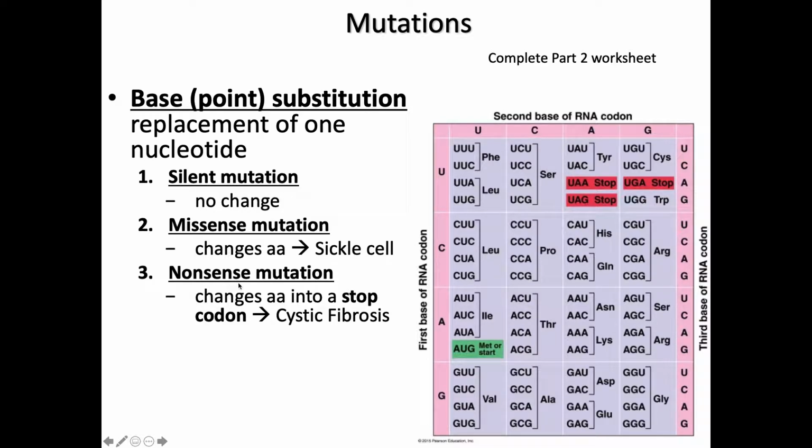So the other type of mutation that you can have is called nonsense mutation. So this nonsense mutation, what happens is that it changes the amino acid into a stop codon. So remember, our stop codons do not code for any amino acids. So imagine if this occurred right in the middle of our mRNA.